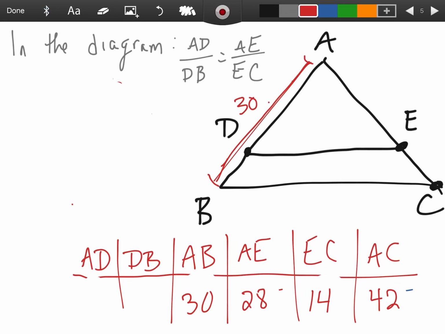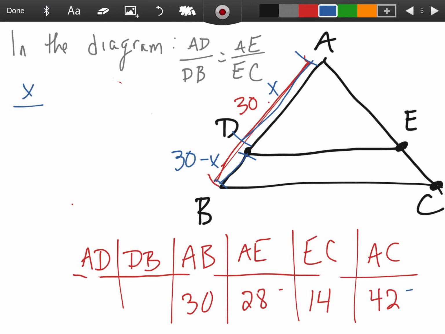So I'm going to mark off AD and call that X. What does that make DB equal to? If the whole side is 30, and one piece is X, the rest of it is 30 minus X. So DB is equal to 30 minus X.